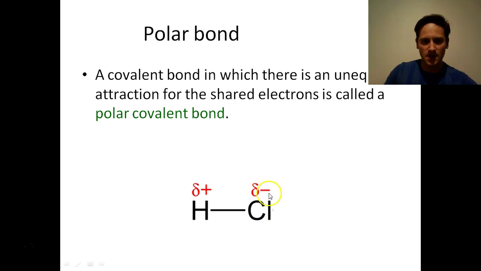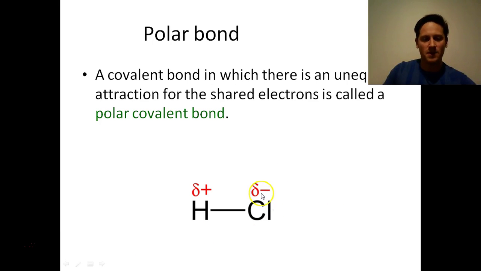Now these symbols here are obviously a little bit new. This symbol is the Greek symbol called delta. You may have seen the delta in physics as a triangle, but this is a lowercase delta, so it looks like this. This indicates a partial charge. So it's not as strong as a full ionic charge, it's a weaker partial charge.